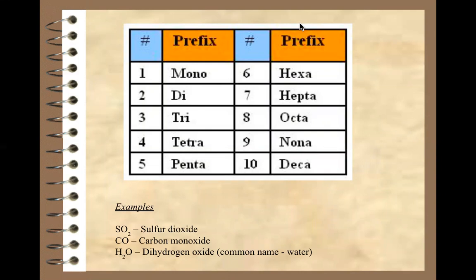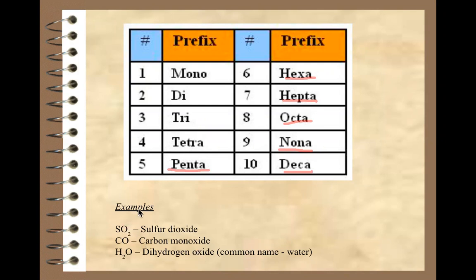How many sides in a pentagon? 5 sides. And hexagon means 6 sides. Heptagon means 7, octagon 8, nona 9, and deca 10. So you have to practice this. Mono, di, tri, tetra, penta, hexa, hepta, octa, nona, deca. Now we will see some examples.